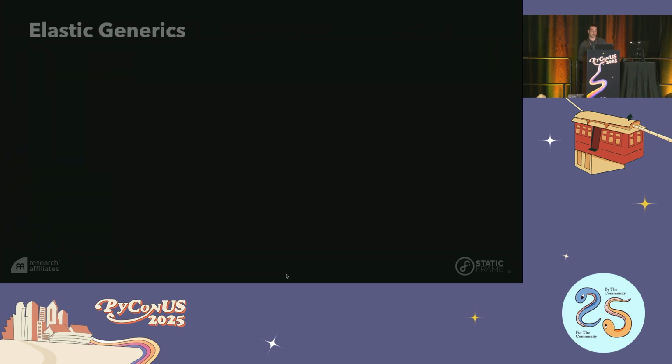So I hope I've convinced you that static typing can be elastic. When we think of static typing, we think of fixed things. And prior to TypeVarTuple, the type parameters to generics were fixed and static. So what we have with TypeVarTuple is something really interesting. We have static typing that is variadic, where we can define generics that can accept variable numbers of type parameters.